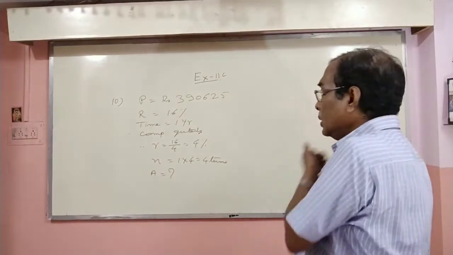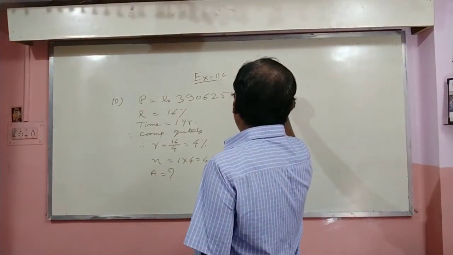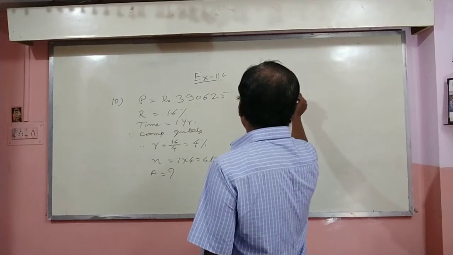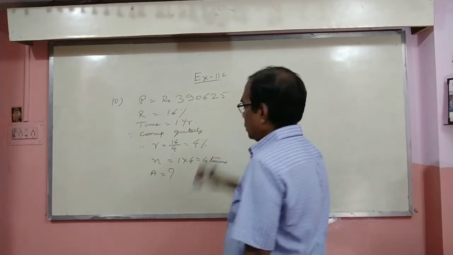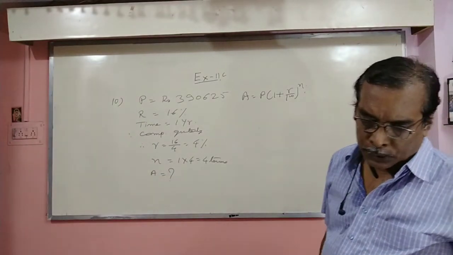Now the formula for finding amount is equal to P into 1 plus R by 100 whole raised to N. Now substitute the values.